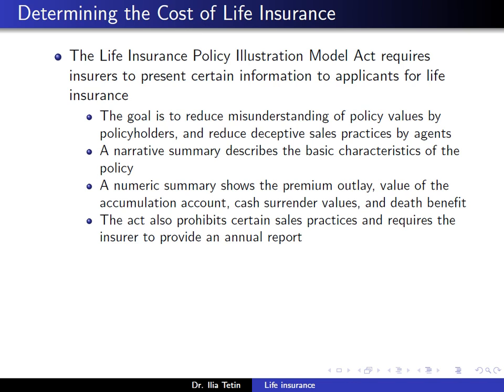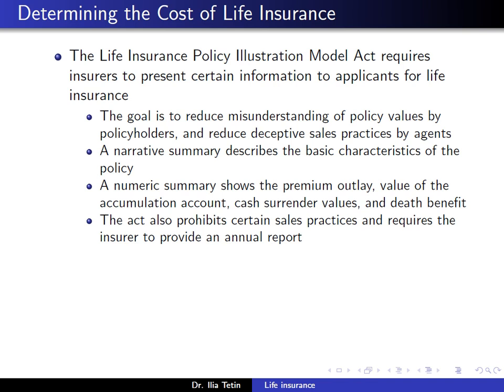The narrative summary also describes the elements of the policy that are not guaranteed, like federal tax guidelines for the policy, key definitions, and interest-adjusted cost data. In addition, the policy illustration has a numeric summary that shows the premium outlay, value of the accumulation account, cash surrender values, and death benefit.